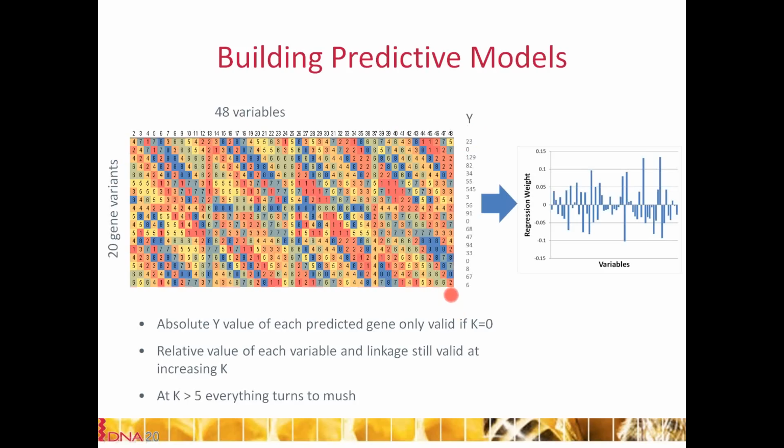Once you have that, you can just toss that into the computer, and you say, dear computer, can you tell me which variables correspond to improved versus decreased function? The computer spits back a table of regression weights, and we can use those regression weights to analyze how to further improve functionality.